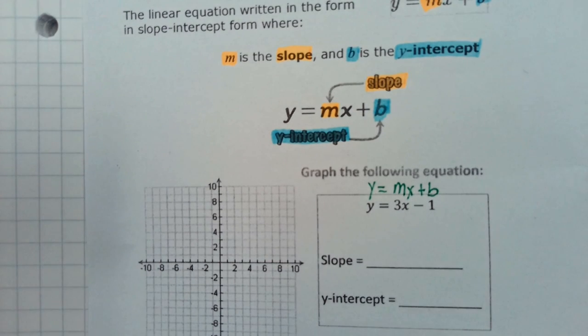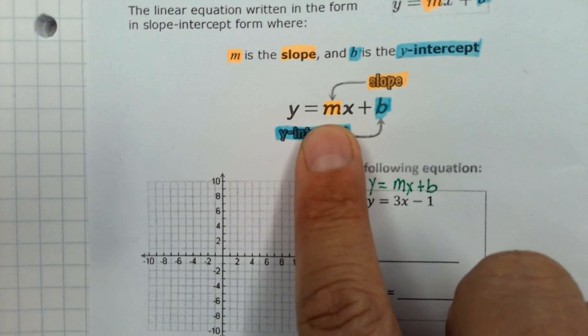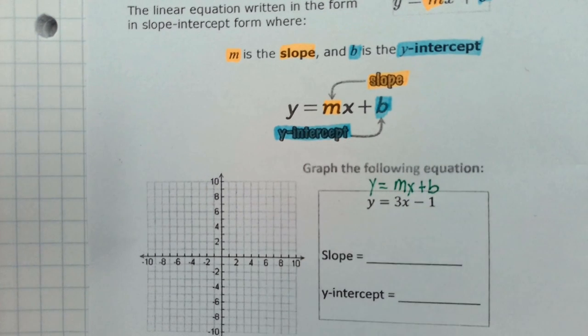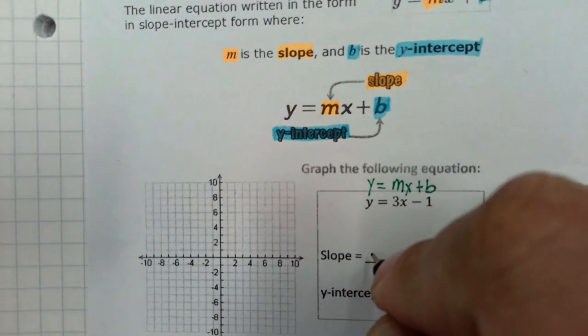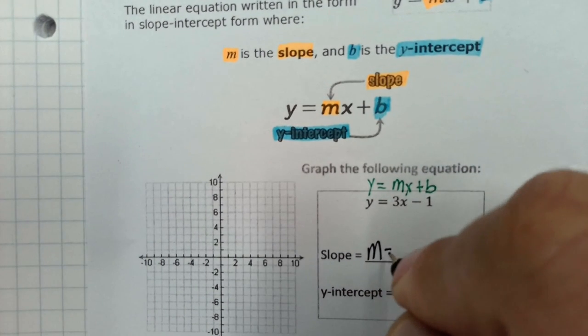And we'll just do this once or twice. We won't do it all the time because I just want you to know where to identify the numbers. So that first number, the coefficient of x is m. And in this particular case, what is m? What number does m represent?